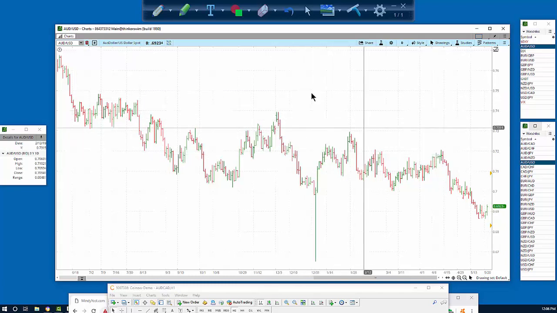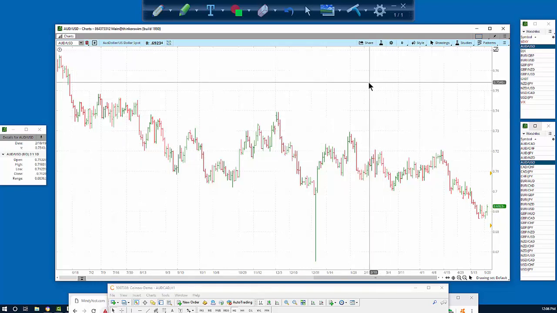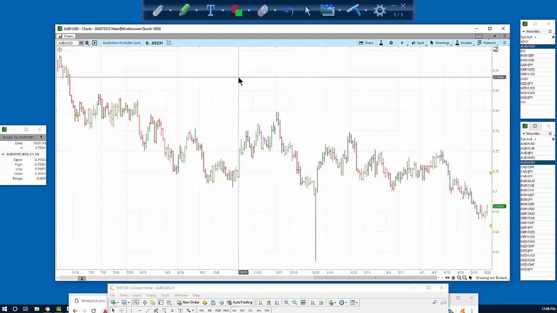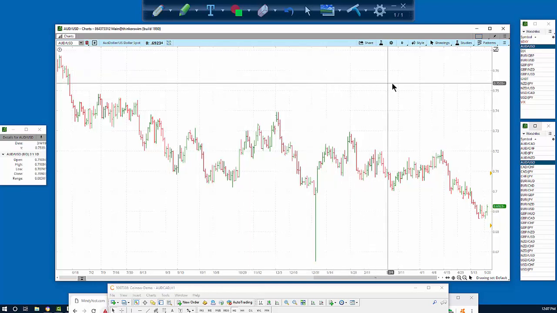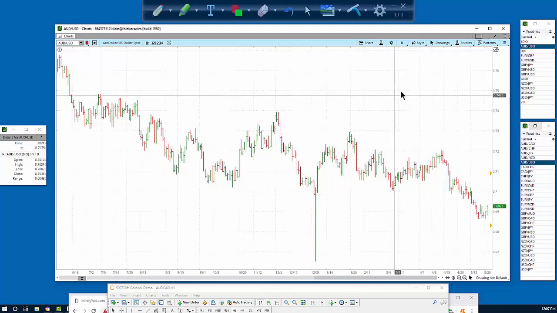Because that's really more applicable if the chart was going to be representative of what's really happening. And when the price would move left, that would be like having the Australian dollar gaining strength, and when the price moved right, it would be like having the US dollar gaining strength. Okay, so you have to always remember that with currency trading, you're always talking about two issues at one time.